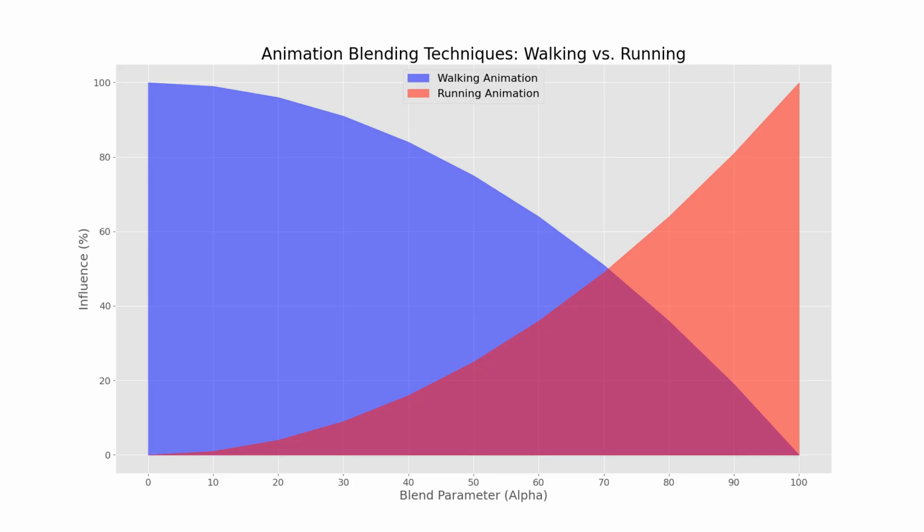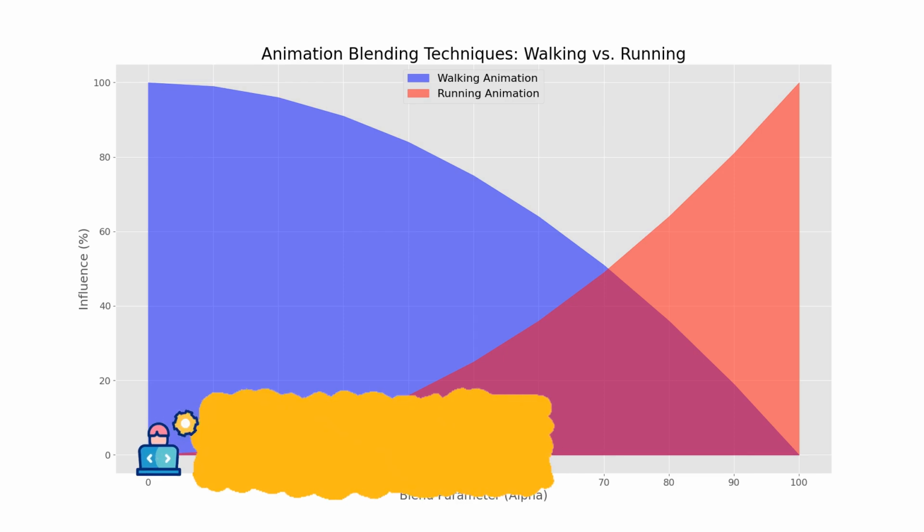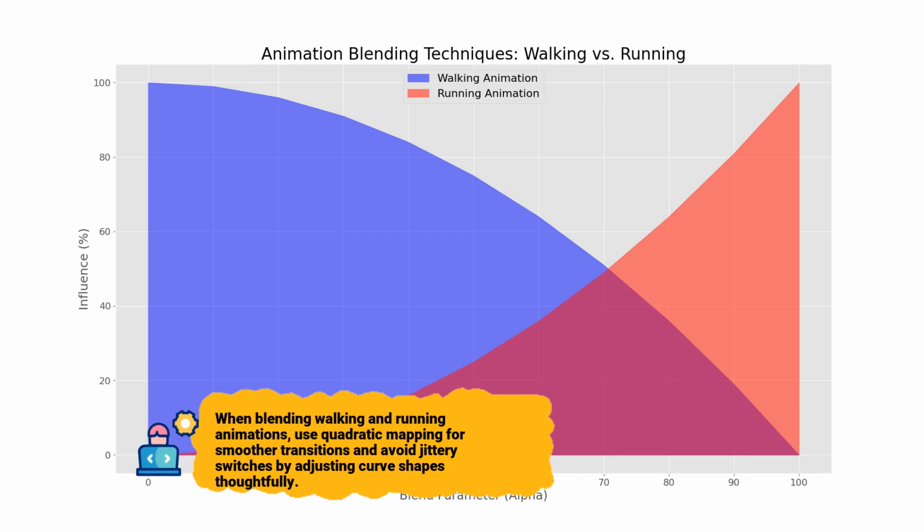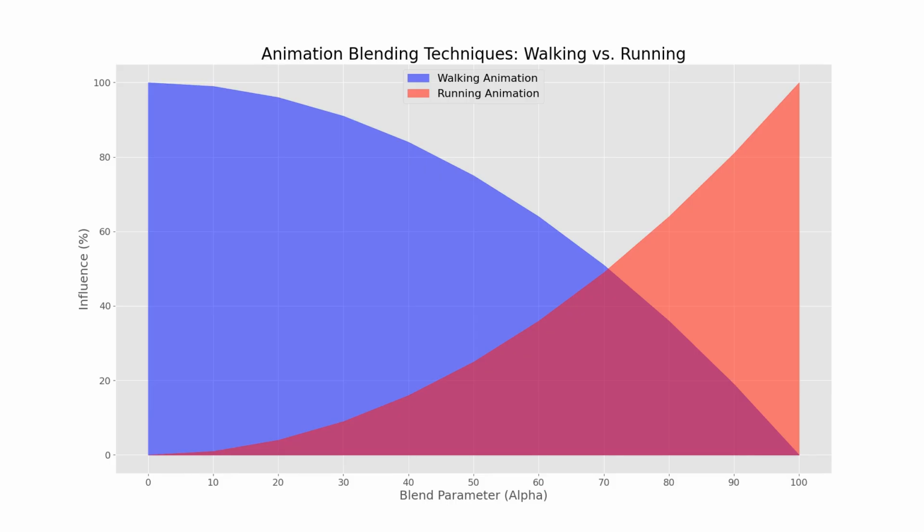This asymmetry happens because the curves function as squared terms of the blend parameter, creating a bias towards walking for much of the range. Interestingly, the two curves only achieve equal influence at approximately alpha 70.7, where those quadratic terms balance out. So, running doesn't take the lead until we push the blend parameter significantly toward its upper end.